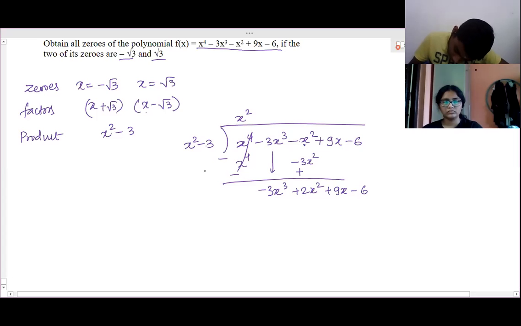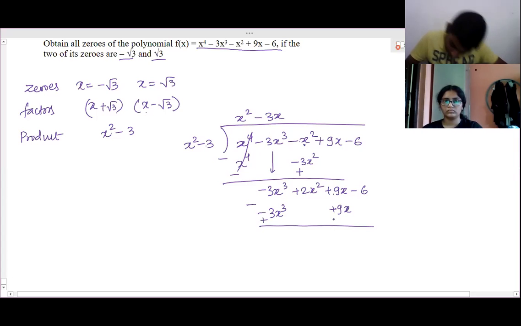Now the next quotient is minus 3x. So minus 3x into x square is minus 3x cube, and minus 3x into minus 3 is plus 9x. Subtract, signs will change. Plus 9 minus 9 cancel, minus 3x cube plus 3x cube cancel. So next is 2x square minus 6.